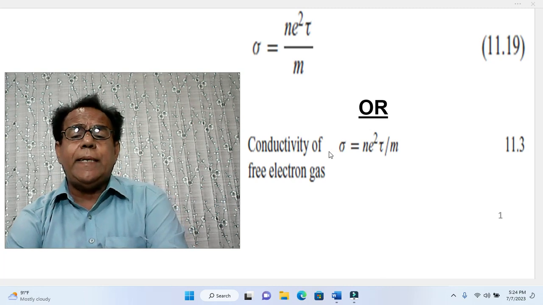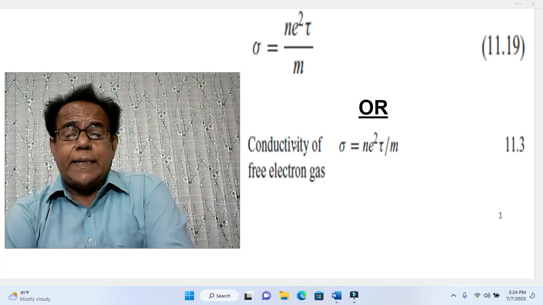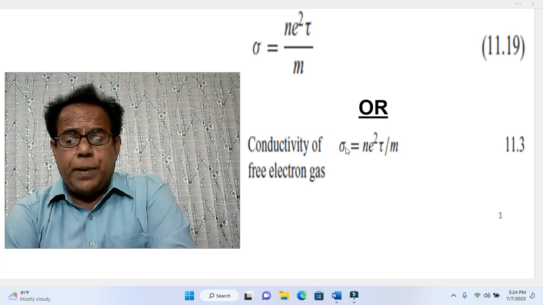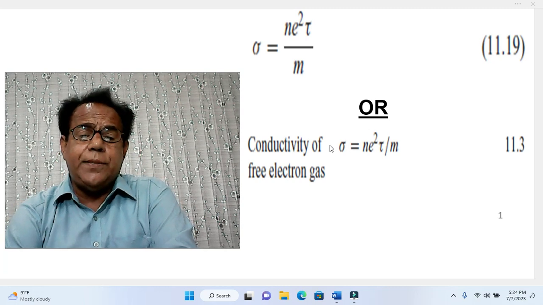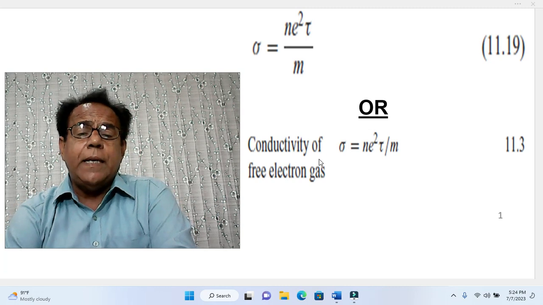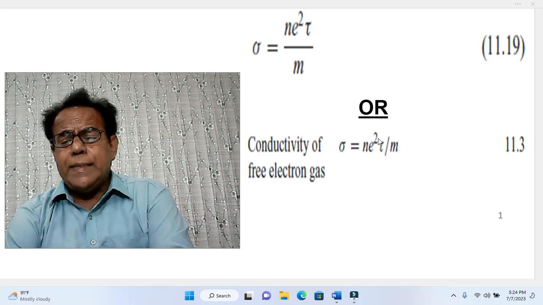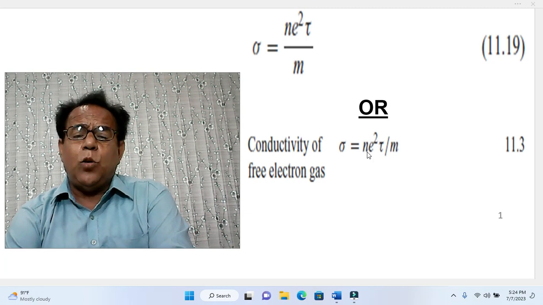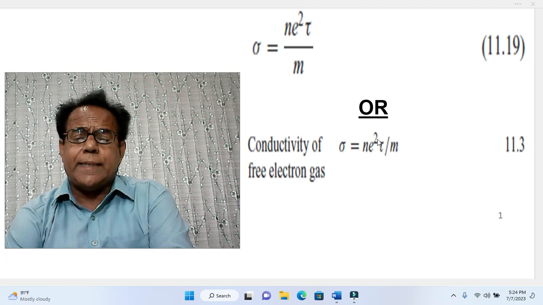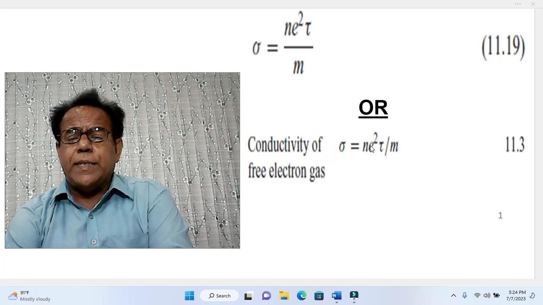Dear students, it is hereby clarified that electrical conductivity is denoted by this symbol rho, while thermal conductivity is denoted by capital K, which also stands for Kelvin. Moreover, this e is the electronic charge, a constant value we will choose from the table of physical constants. Similarly, this tau is the time between collisions.